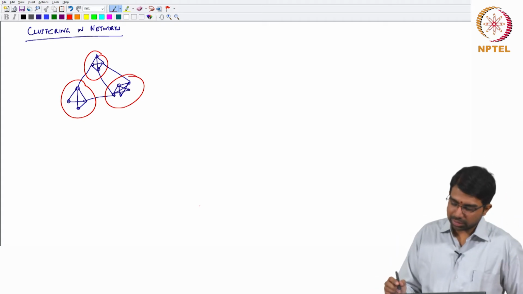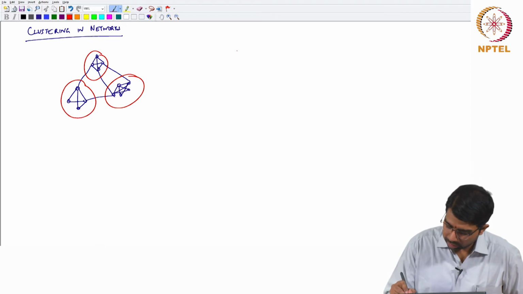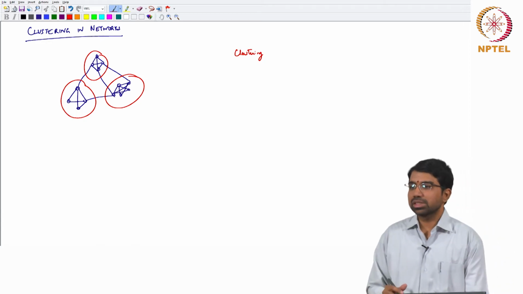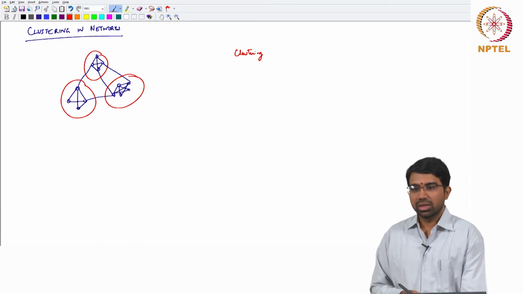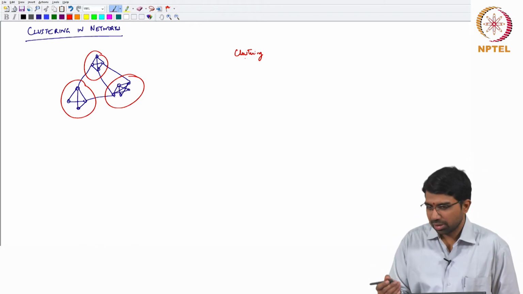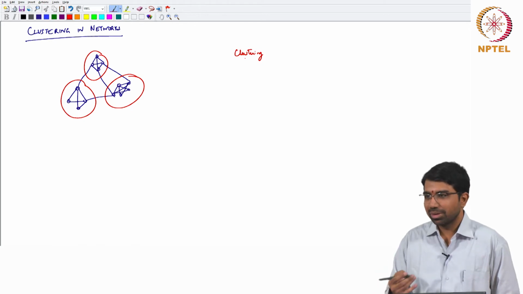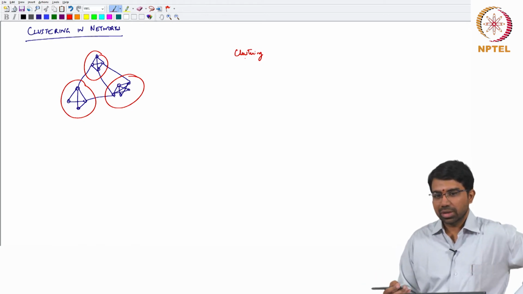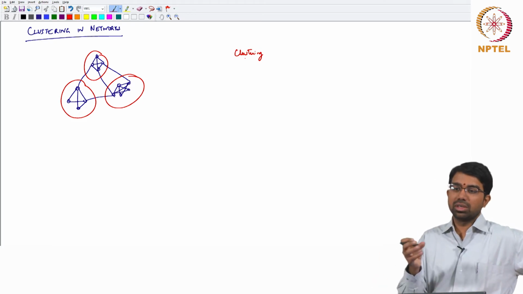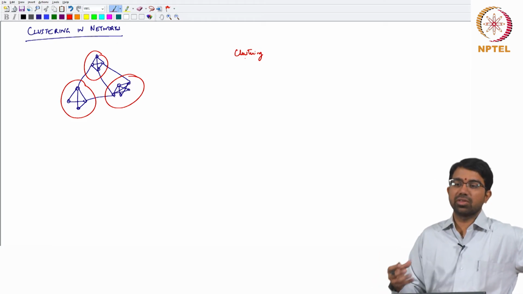We will do a quick detour to understand what clustering is in the first place. Clustering, essentially outside of graph theory. What do we mean by clustering? There are different ways to cluster. This is a classic method in machine learning, in fact in unsupervised learning, wherein we want to discern some patterns in any given data set.